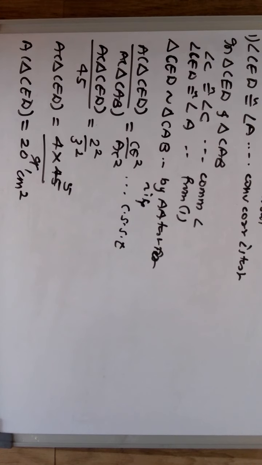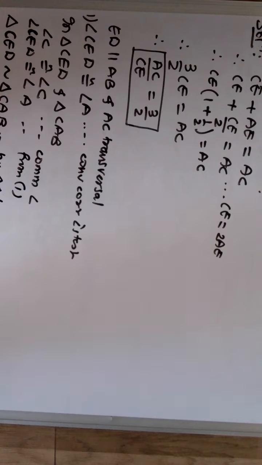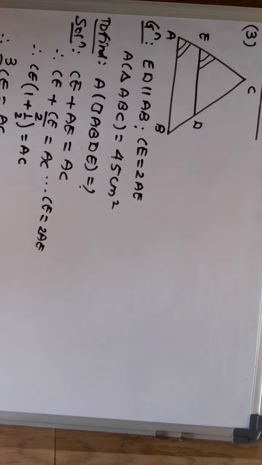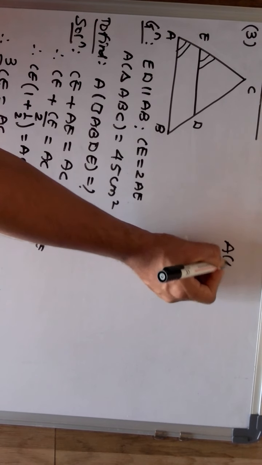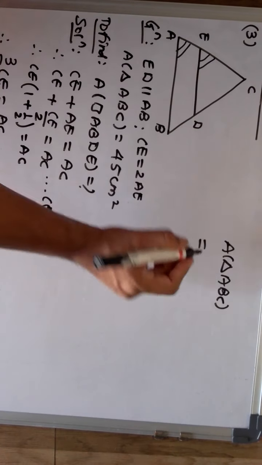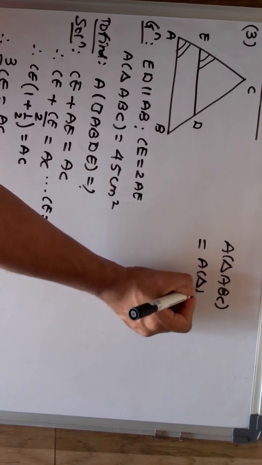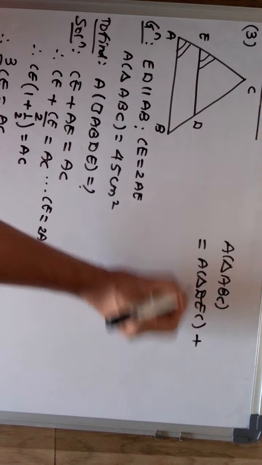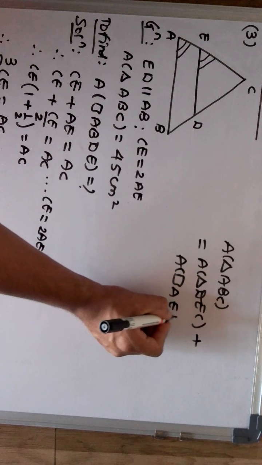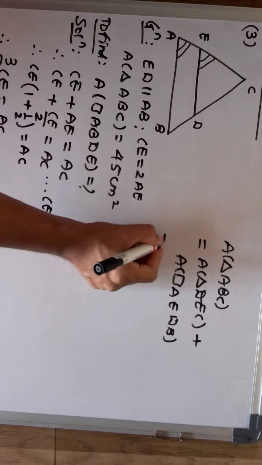To find area of quadrilateral. So already I have the measure of, that is area of full triangle. Let us come to this particular figure. You can see here that area of triangle ABC is actually area of triangle DEC plus area of quadrilateral, this one, that is AEDB, right?